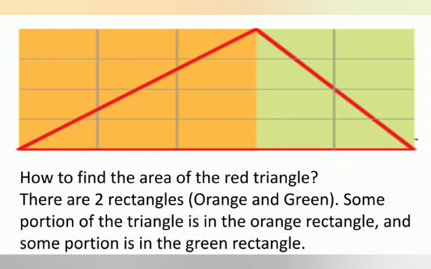To find the area of the red triangle, first we have to find the area of both orange and green rectangles. Some portion of the triangle is in the orange rectangle and some portion of the triangle is in the green rectangle.